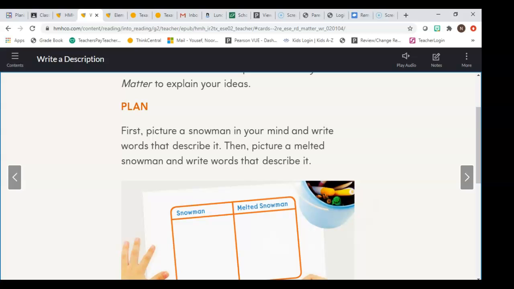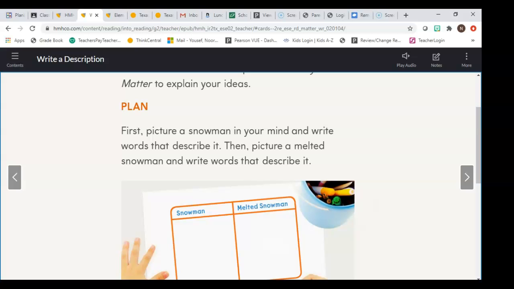Describing. So, Miss Yusuf, what are we writing? You're just writing one word. So, who can give me an example of one word we can write to describe our snowman that's not melted? Brenaya. It's a solid. What's another word we can write? Think about how it feels or how it smells.